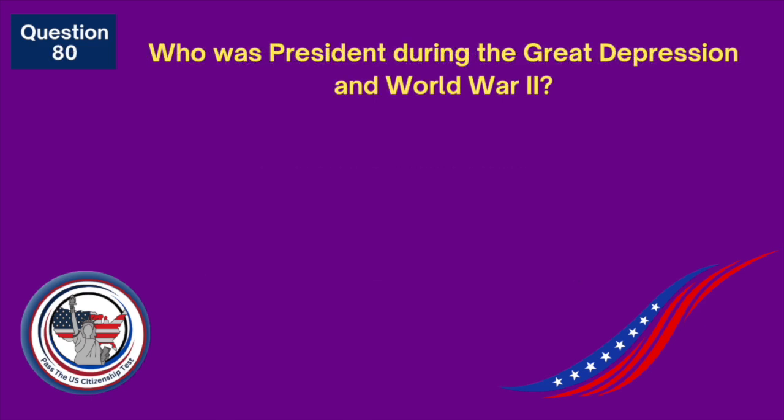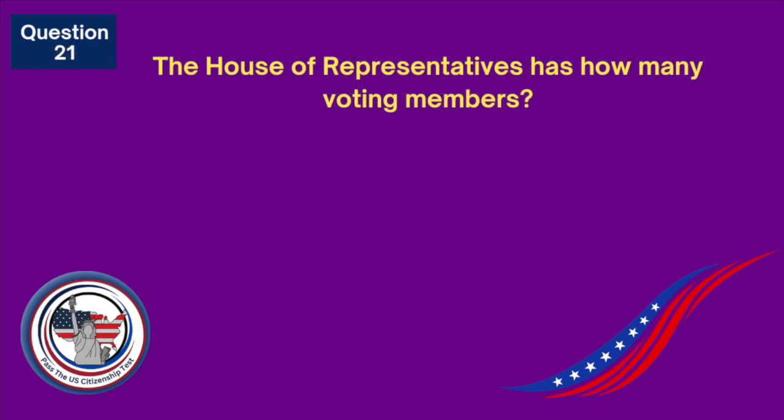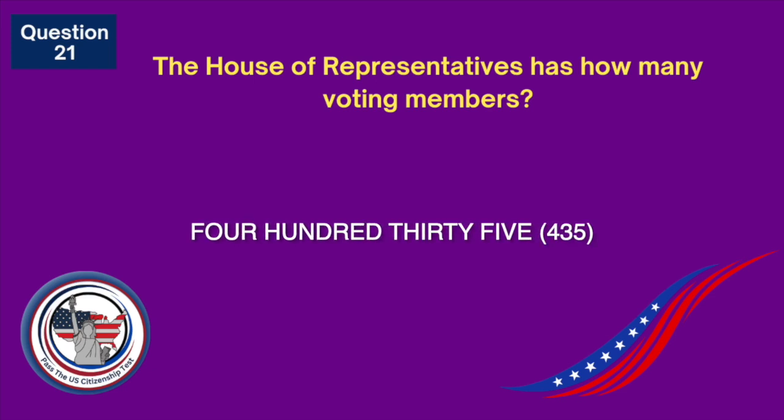Who was president during the Great Depression and World War II? Franklin Roosevelt. The House of Representatives has how many voting members? 435.